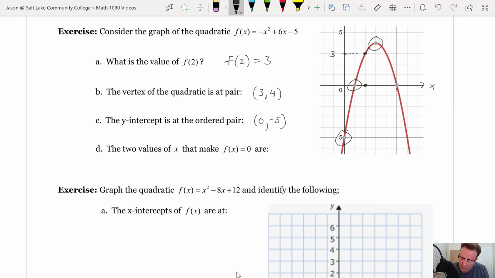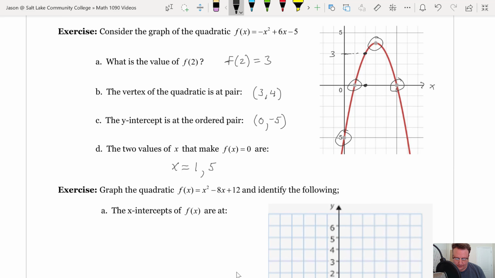That's these 2 points. The 2 points that intercept the x-axis are where the function is 0. Okay, the x-intercepts. And these occur at x equals 1 or 5.